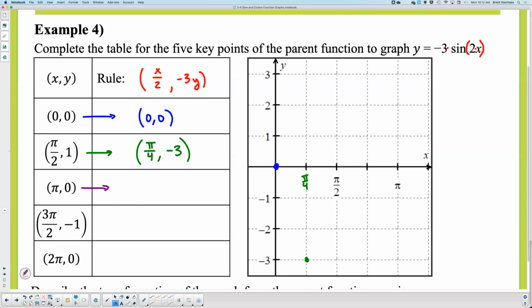What do I do with the pi? Divide by 2. So it becomes pi over 2. And then what do I do with the 0? It multiplies by -3 and it remains 0. So at pi over 2, we have another 0.